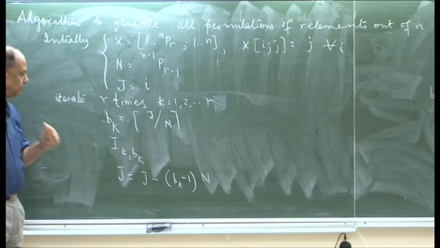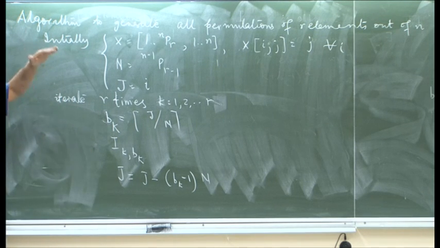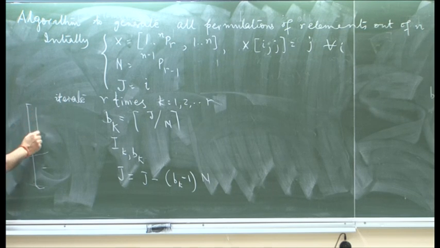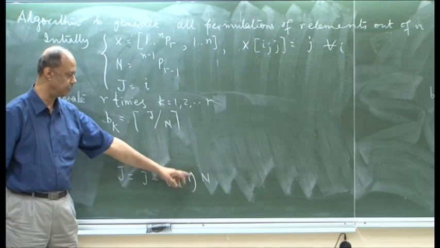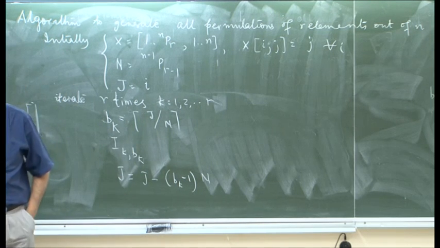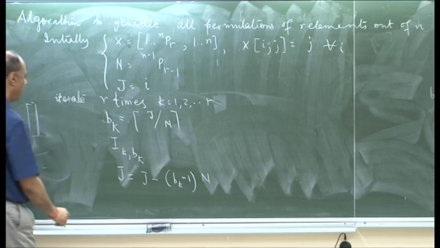So that will give you the modified j. Initially this, now I have divided into this. So I want to know the new j, the new position, so that has to be subtracted. So j is j minus (bk minus 1) into n. And what is your new n?